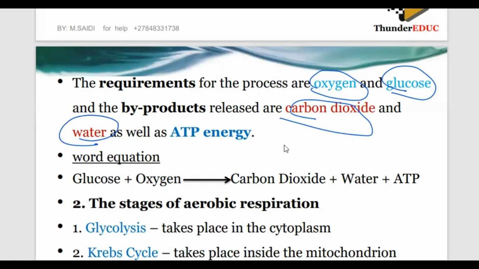But here you have to use oxygen and glucose, the products of photosynthesis, and then you produce carbon dioxide and water, and also what you call ATP. So you guys, listen carefully.